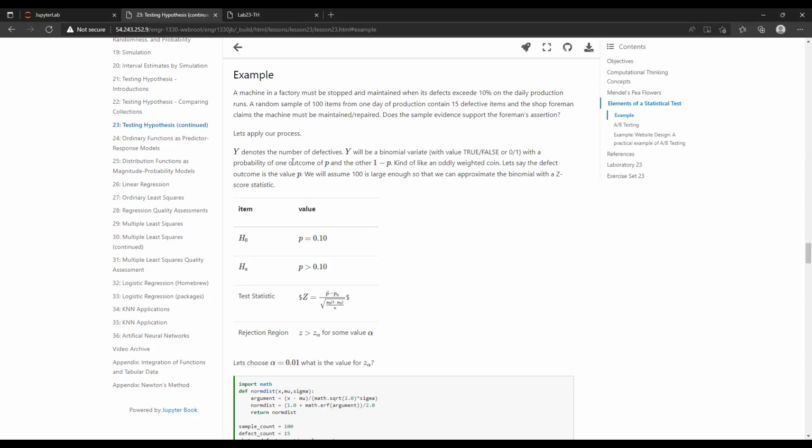It's got a probability of one outcome of p and the other of 1 minus p. Kind of like a coin that is weighted. Let's say the defect outcome is the value p. We will assume 100 is large enough so that we can approximate the binomial with a z-score statistic.